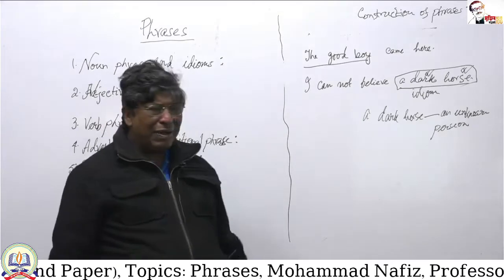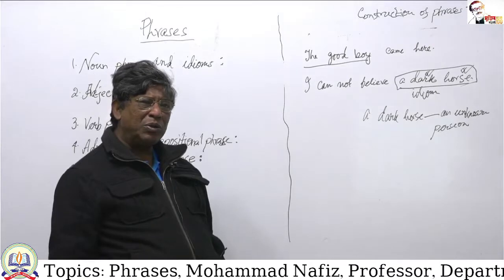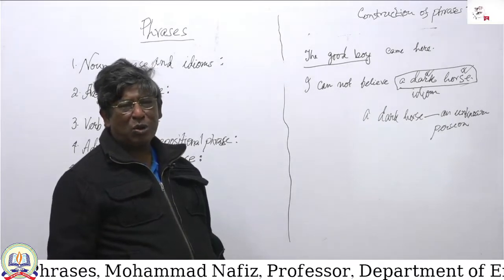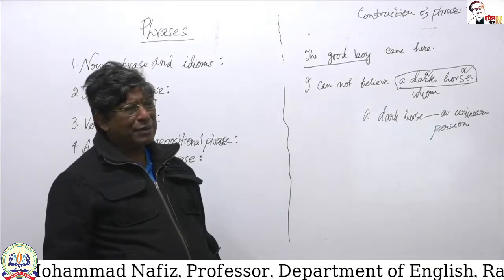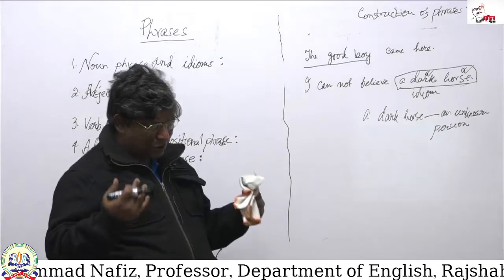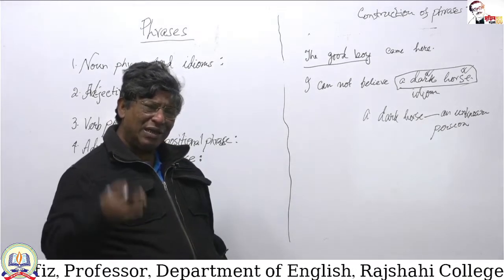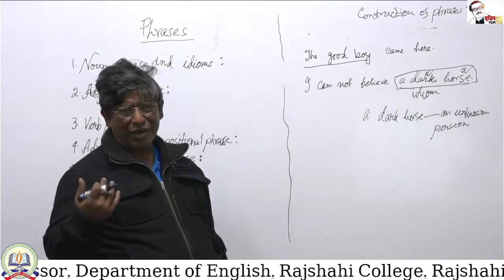That is, previously I showed that nouns can be used as the subjects, objects, or sometimes complements in the sentences. Similarly, adjectives often make complements in the sentence or modify the nouns.